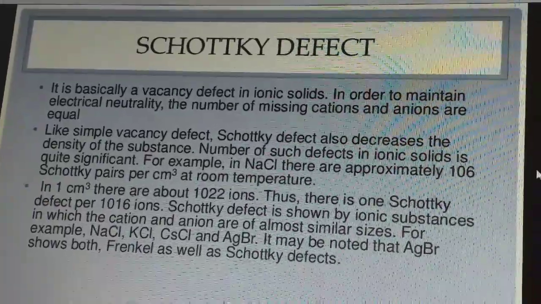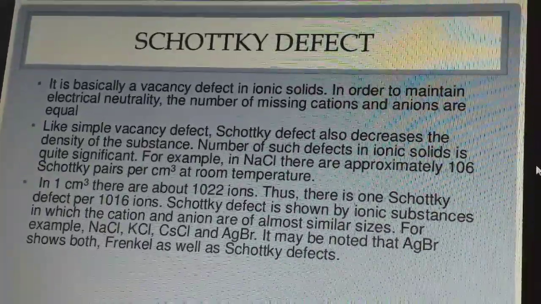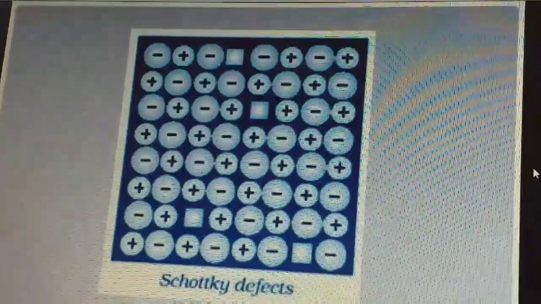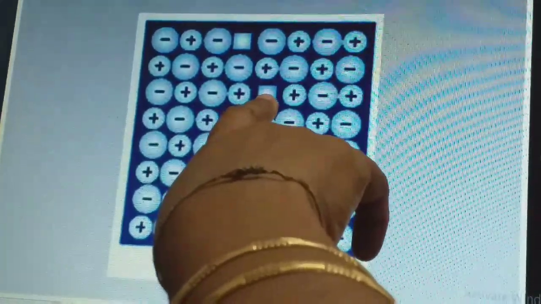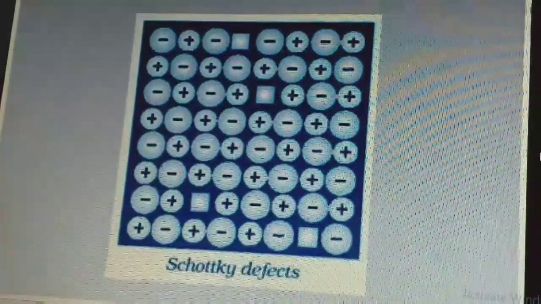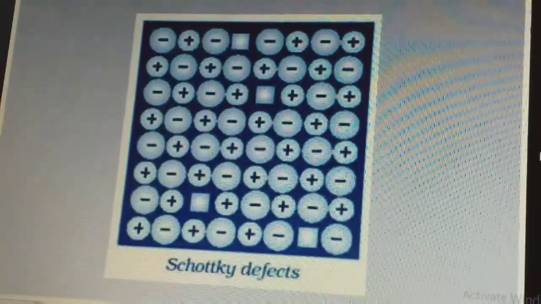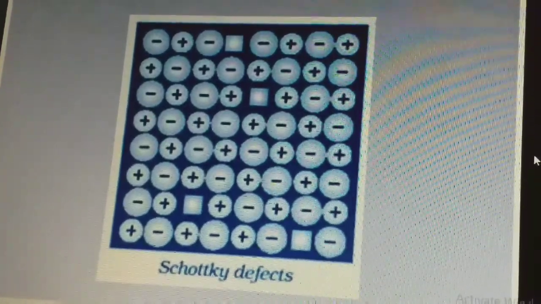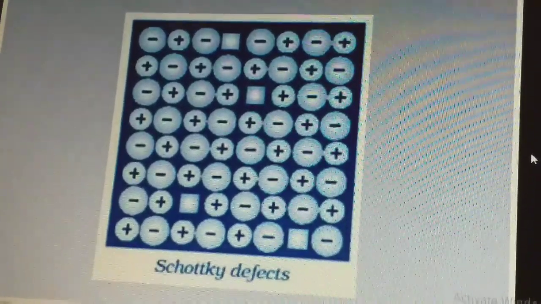It may be noted that silver bromide shows both Schottky as well as Frenkel defect. In the diagram, you see one anion is missing and one cation is also missing, and here one anion is missing, one cation is missing. So equal numbers of anions as well as cations are missing from their lattice sites. That defect we call Schottky defect.